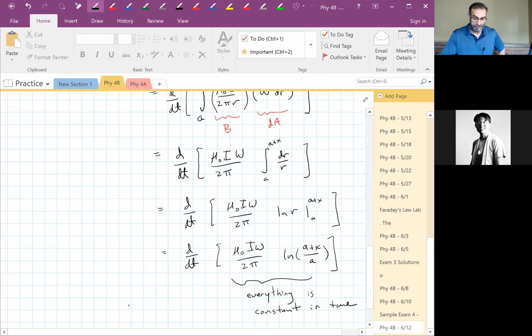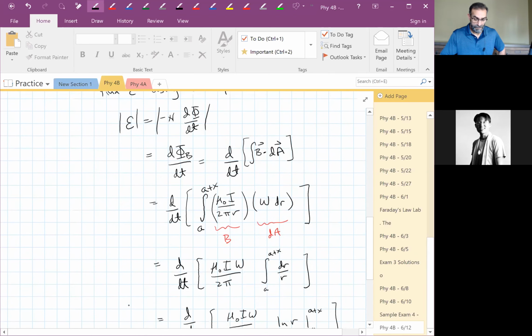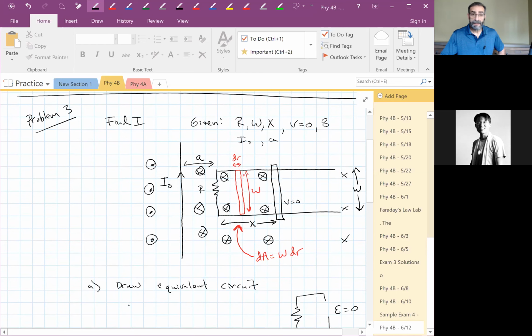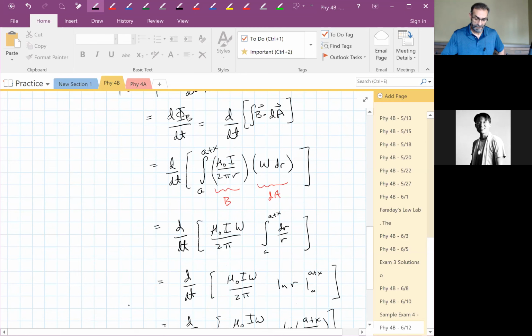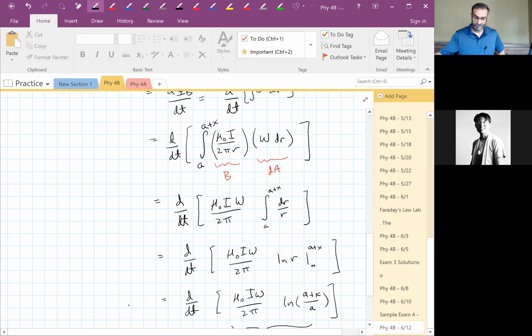All right. But I thought that it was important to do one where the magnetic field was not constant over the area of the loop. And we had to integrate to find the flux. We good with that one? Both parts work.